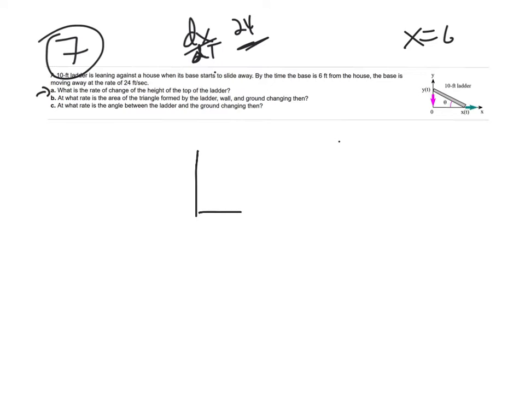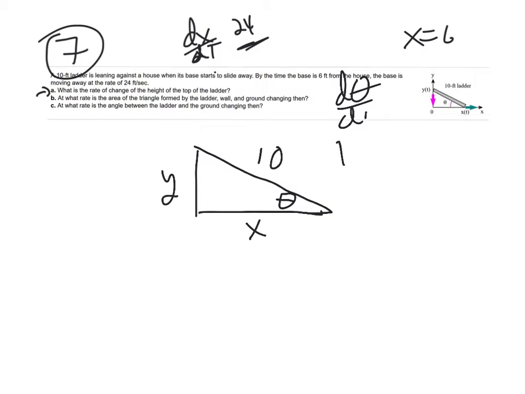So then we've got the rate of change in the angle between the ladder and the ground. So that's the angle we're talking about. This is a fixed 10. That's our x. This is y. Now, we could use a lot of different trig ratios here. We want dθ/dt, right? We could use tangent. We could say the tangent of theta equals y over x, but that gives us two variables, and that makes it more complex.